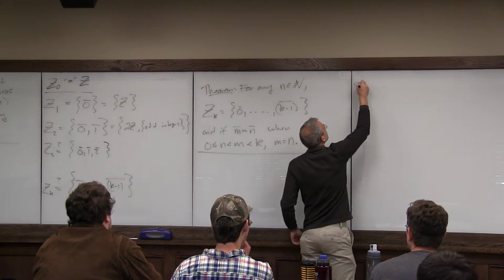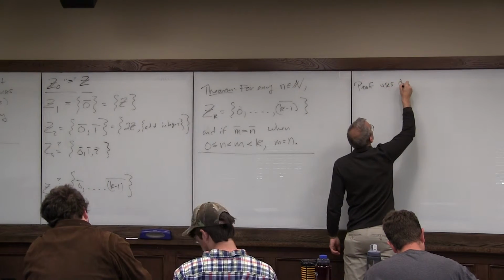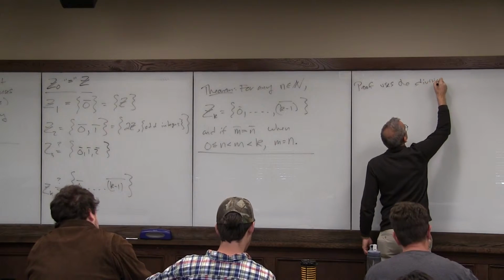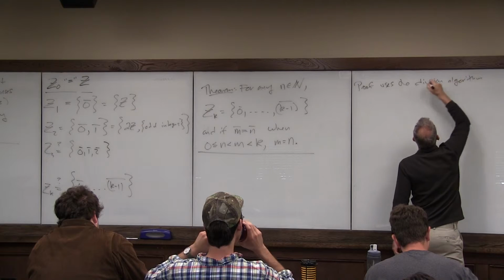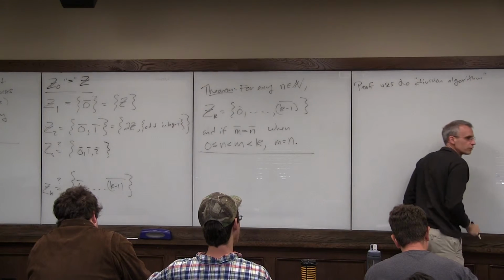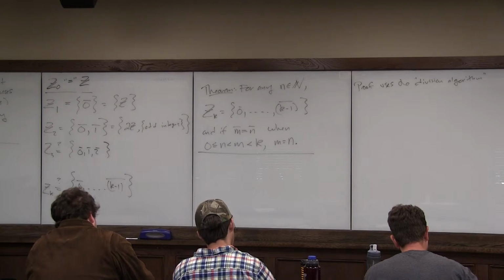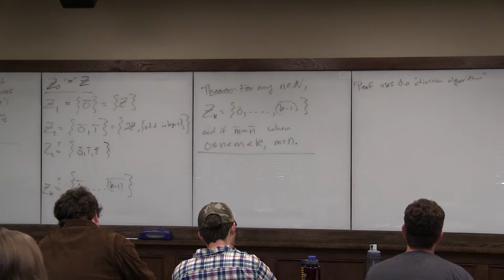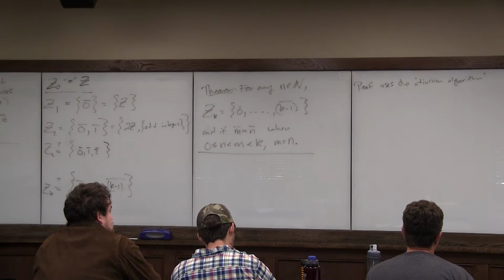And the proof uses the division algorithm. It's called the division algorithm even though it's not an algorithm, although it can be proved, sort of as an algorithm. But what is that? That's one of the first complicated things that you learned to do when you were a young student.